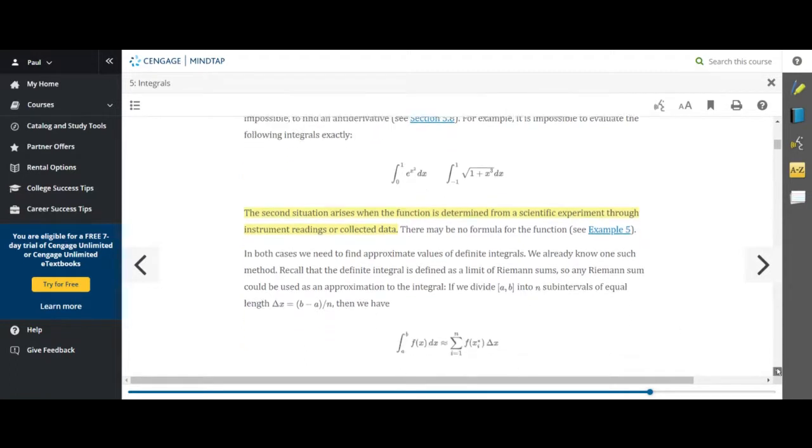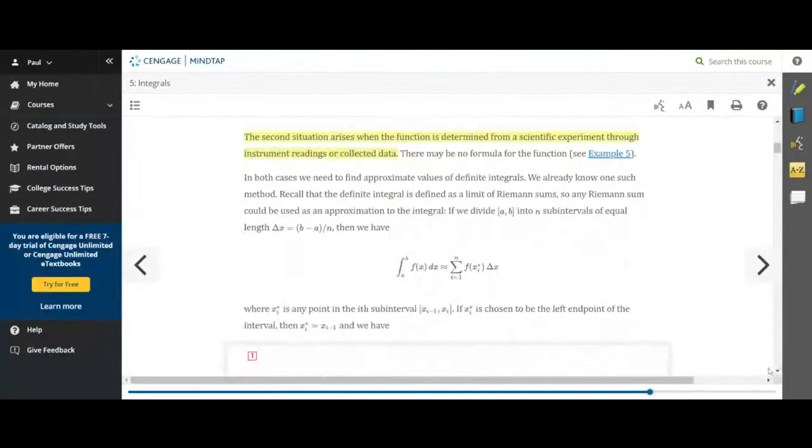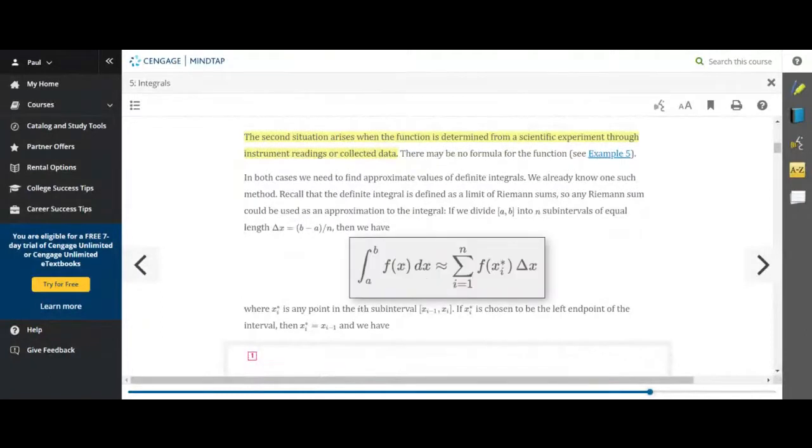So, okay. First of all, remember when you first learned about integrals, you recognized the definite integral as a Riemann sum. Well, it's a sum of rectangles underneath the curve. The heights of the rectangles are given by the function values, and the width of the rectangle is given by delta x.